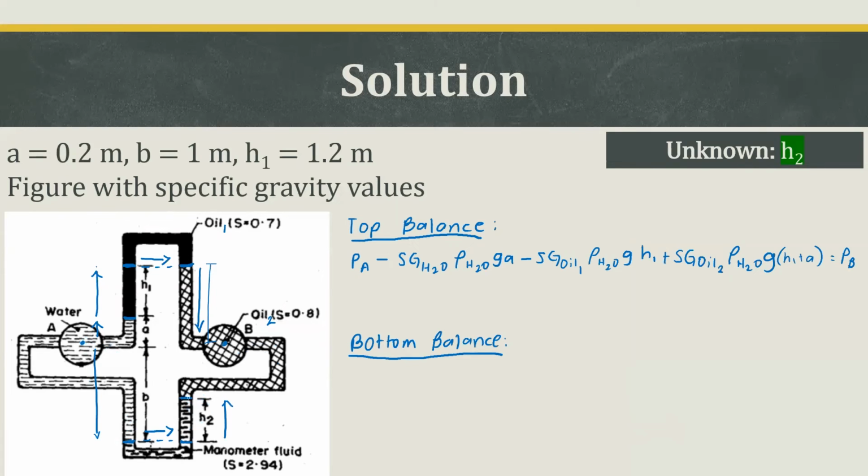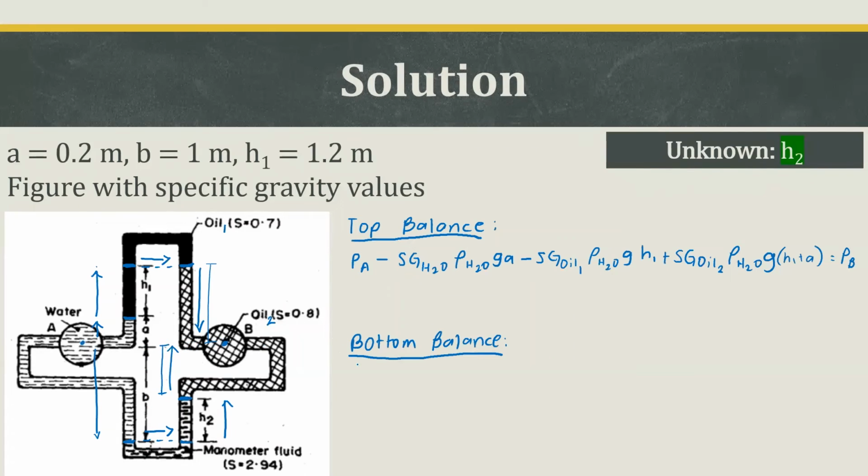So we take the pressure at this point, and then finally we go up again to get the pressure at this point, which is equal to the pressure at point B. So go up at this height, which, if we look at the figure, the entire height is B. This part is H2. So this height should be B minus H2.